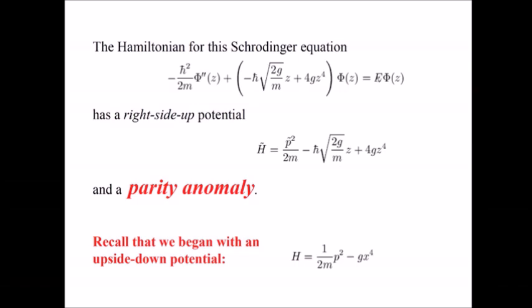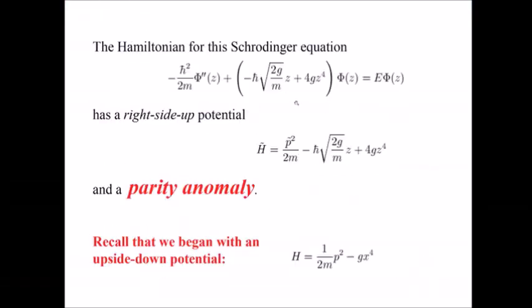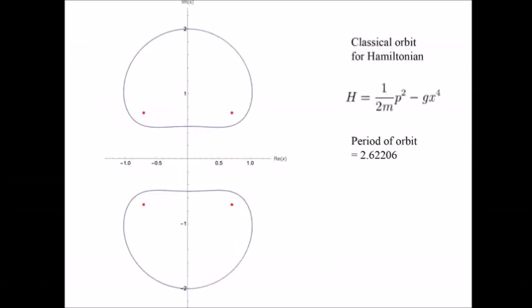So in the calculation I showed you, I began with an E for the upside down potential, and when I finished the calculation, there's E for the right side up potential. E for one potential is the same as E for the other potential. So it's amazing that what you think of as unstable states are not unstable, they are bound states, even though we have an upside down potential, and that's amazing.